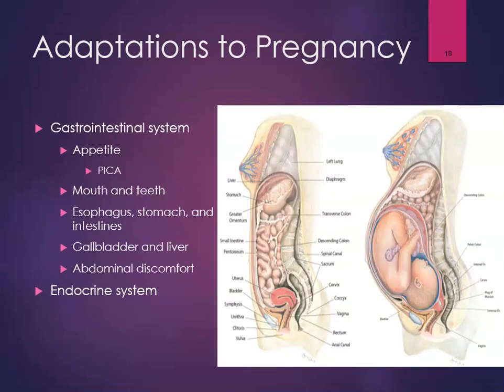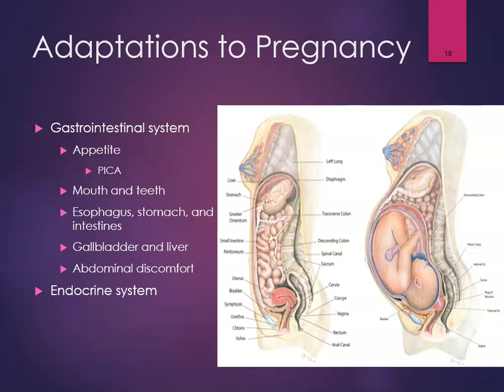Now, when we're talking about the gastrointestinal system, there's several things. Nausea and vomiting is probably the most well-known complication, I don't want to say complication, side effect of pregnancy, related to hormone changes, especially that HCG or human chorionic gonadotropin.